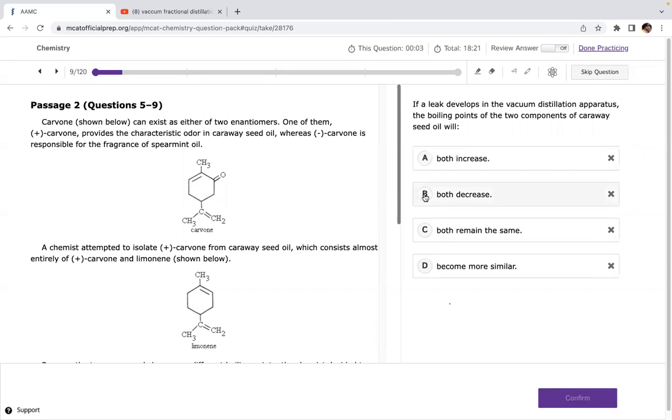And here again, we have a question from the vacuum distillation apparatus. This time it is saying, if a leak develops in the vacuum distillation apparatus, the boiling points of the 2 components of caraway seed oil will. I already told you boiling point means temperature.